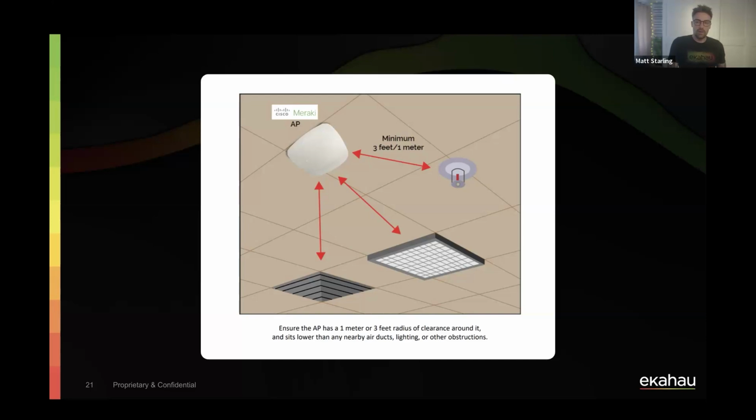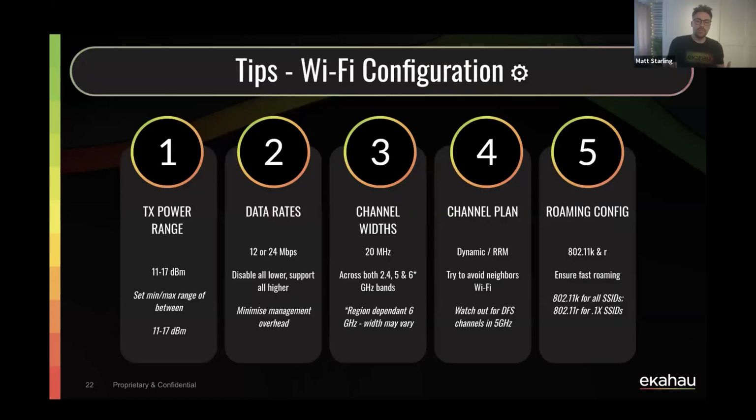The other key thing around those 4Ds that we're talking about is, once you've done your design and provided it to whoever's going to be installing it, making sure that the network is configured in a way that correlates with your design. And we've got some general tips here for your Wi-Fi configuration.